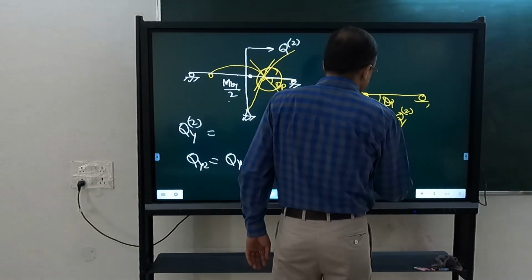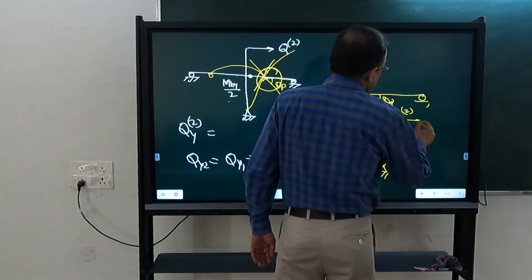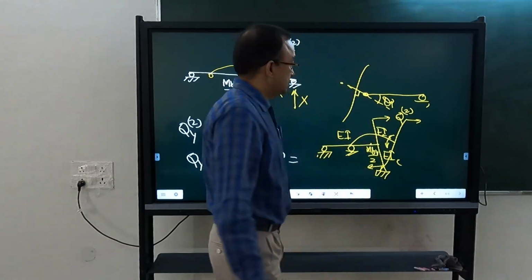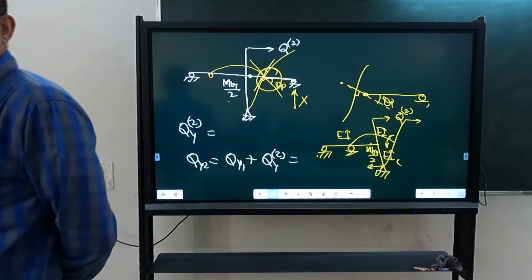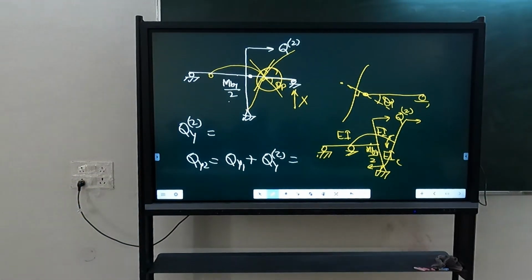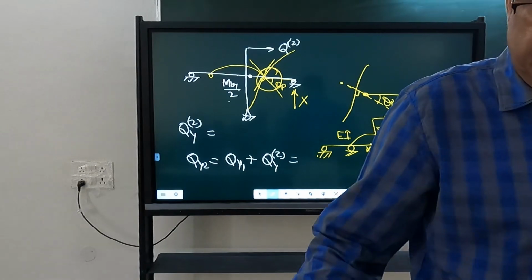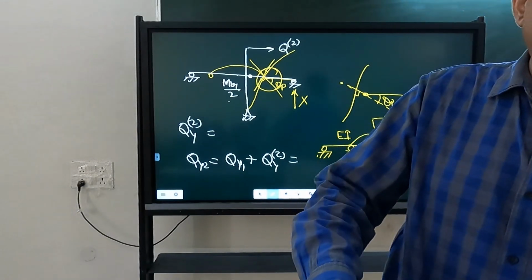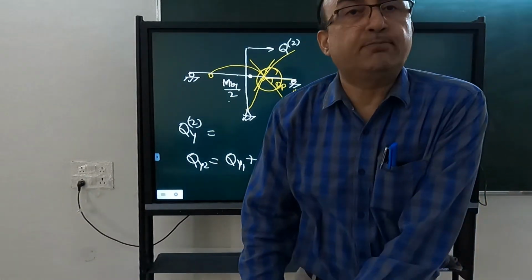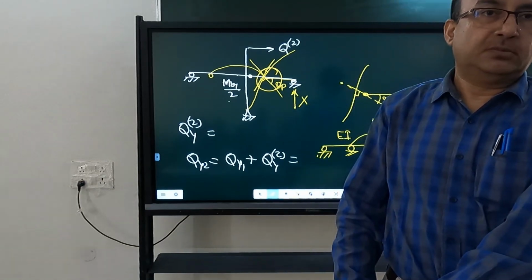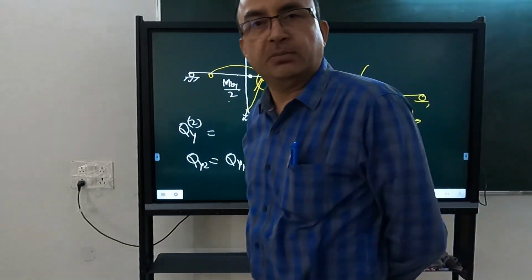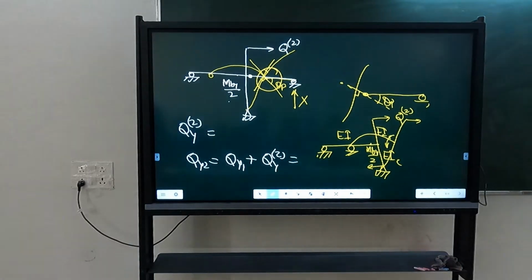You can see from here there is a moment, and this moment will balance. So it is like this. This is your column, here is a beam. If this beam was free to rotate, it would be a mechanism. But what I have done is I have pulled that beam down. So it will not become a mechanism.